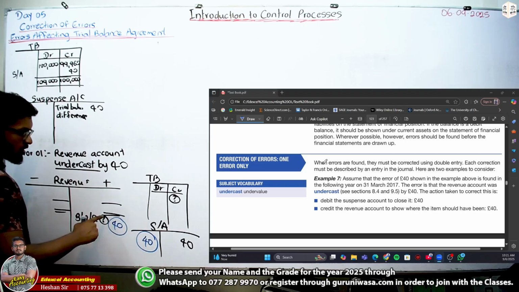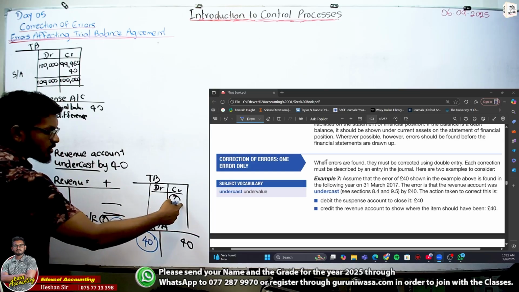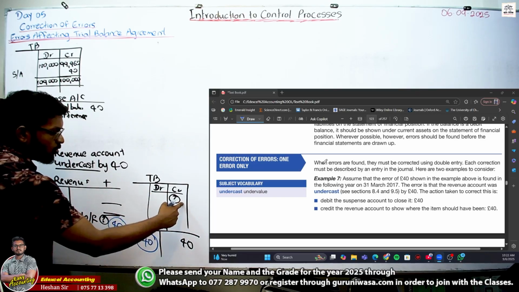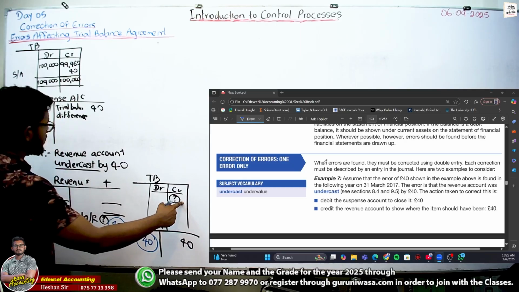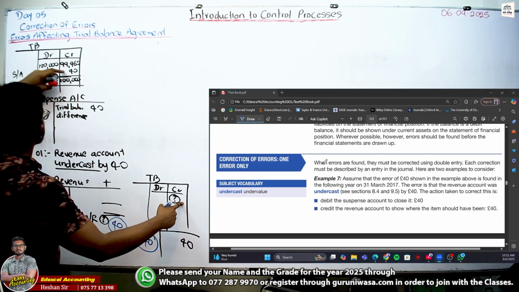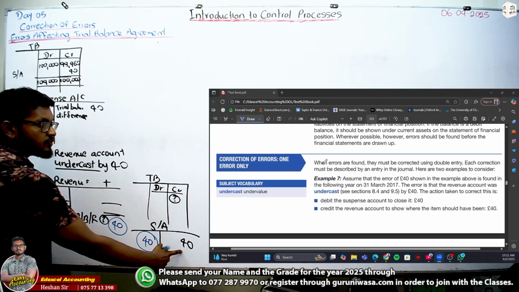Because the actual amount is 740, we recorded 700. When we balance the trial balance, there is a 40 difference on the credit side. If there is a difference, we record the difference amount as a suspense account and we take the balance to the same side. Send me a thumbs up if it is clear.